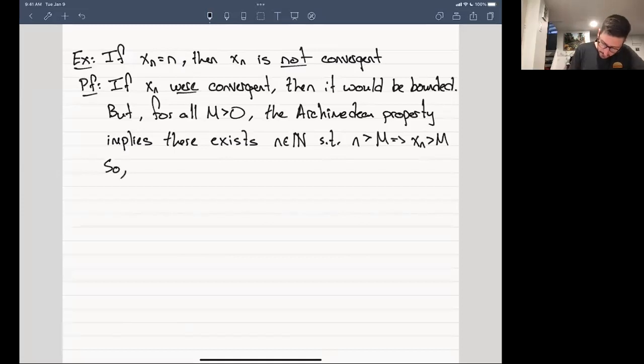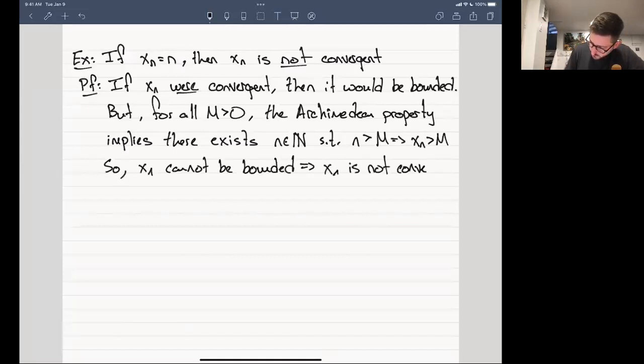So x_n cannot be bounded, which implies x_n is not convergent. And that is also known as x_n is divergent here.